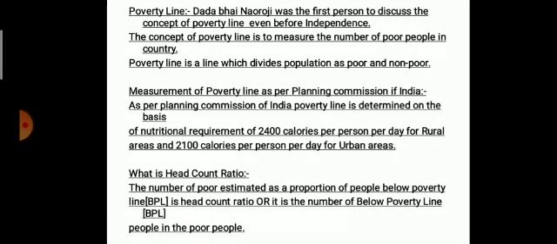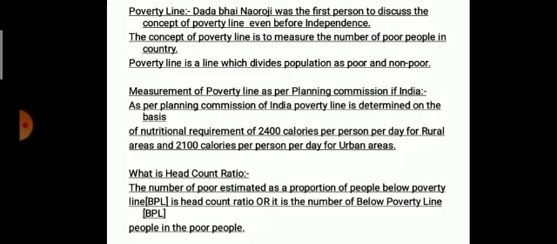So here poverty line is given by Dada Bhai Nauroji for the first time. Then the poverty line will help us to measure the number of poor people in the country, and it helps to divide the population as poor and non-poor.